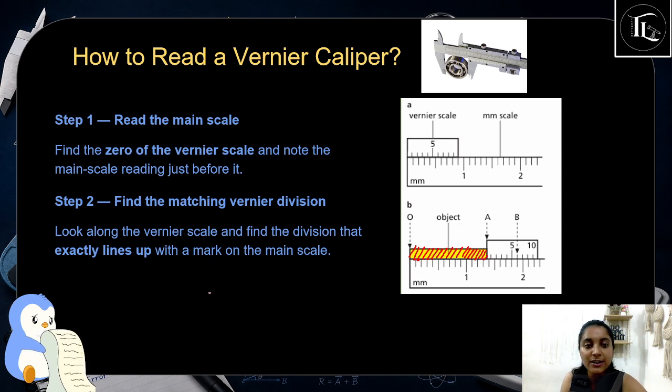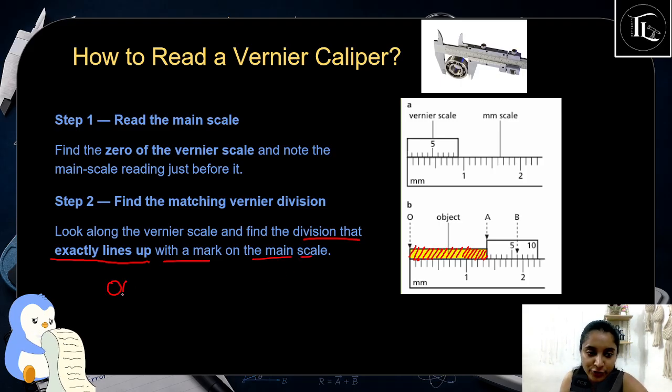Firstly, we need to read the main scale, find the zero of the Vernier scale and note the main scale reading just before it. Then we find the matching Vernier division. So the point where the lines exactly line up with a mark, that's what we have to take.